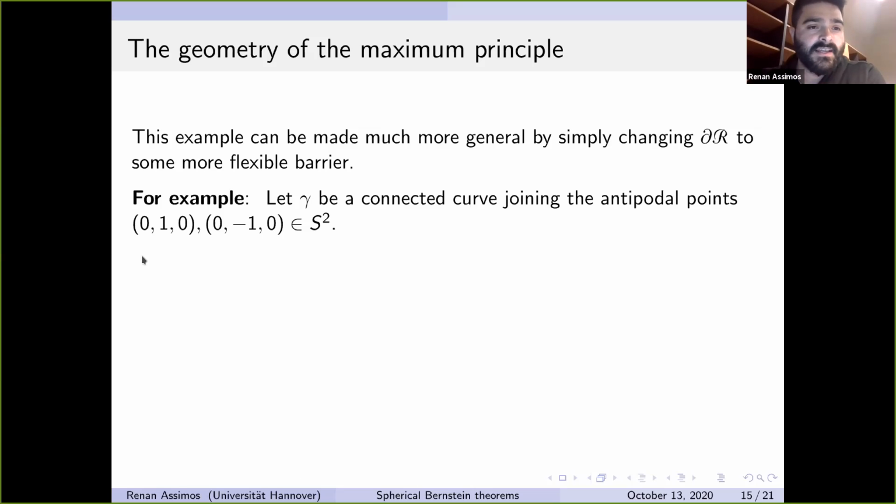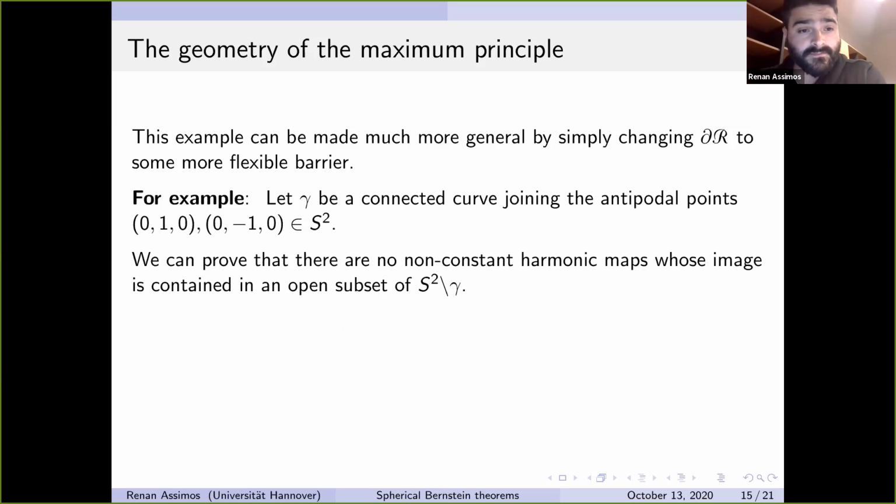These points 0, 1, 0 and 0, minus 1, 0 are two antipodal points in S2, and we take gamma to be a curve connecting these two points. We can prove that on a neighborhood of S2 minus this curve gamma, there exists no image of a harmonic map, essentially doing the same argument that I did before.